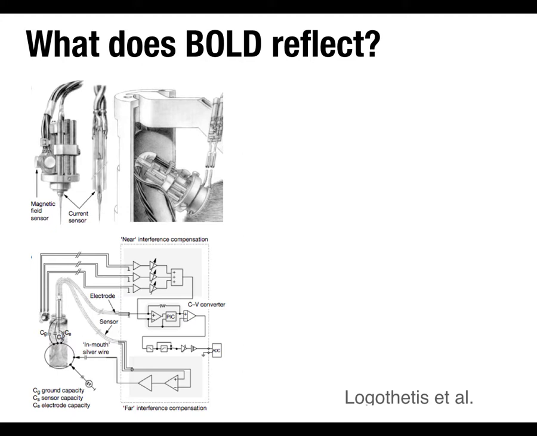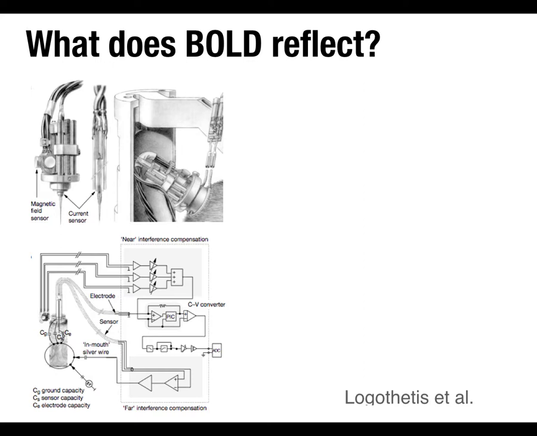Because what they wanted to do was single-unit electrophysiology in monkeys inside the MRI scanner. So they wanted to put electrodes directly into the monkey brain and record from them while simultaneously doing fMRI, to understand how the actual neural electrical activity related to the BOLD signal changes we see with fMRI.